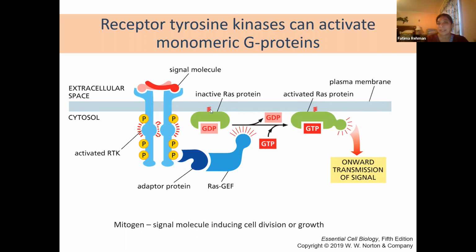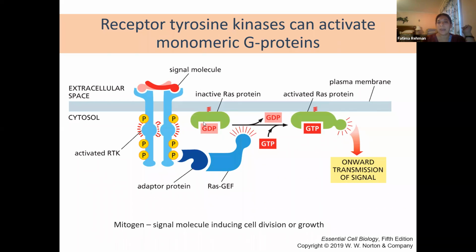So in this case, even though this protein can be activated by a G protein coupled receptor, it can be activated two different ways depending on its environment. It can either be activated by its G protein coupled receptor, or it can be activated by a receptor tyrosine kinase, which then activates it through the G protein exchange factor, right?